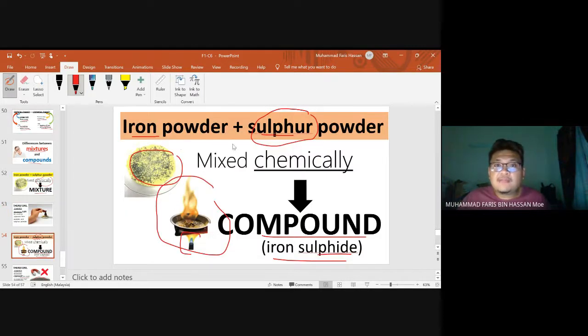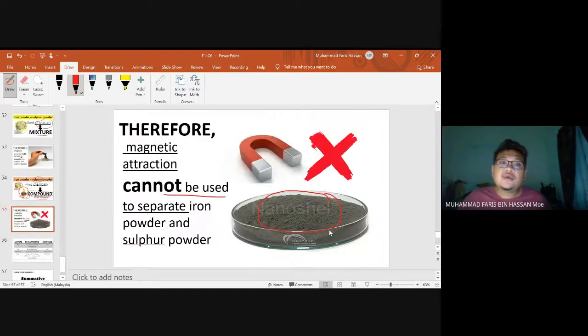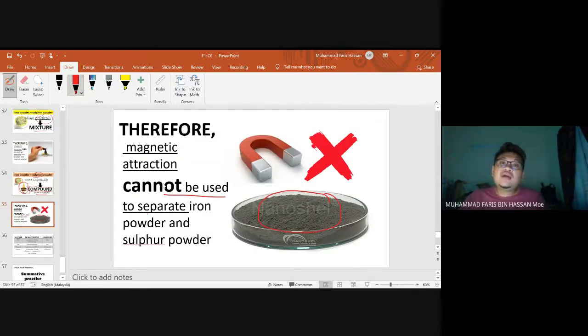But if the iron powder and sulfur powder mix chemically by heat energy, they will form a compound, in this case iron sulfide. When the iron sulfide is formed, we cannot use magnetic attraction anymore to separate the iron powder and sulfur powder, because they already formed a new compound.